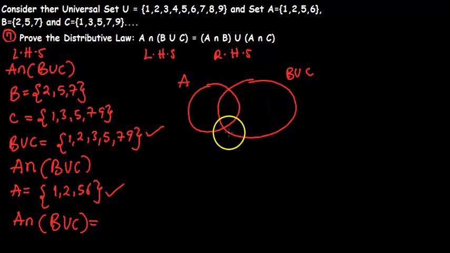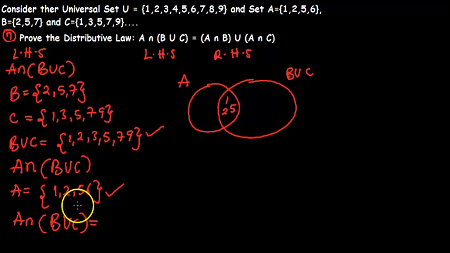In this case, since our A has 1, 2, 5, and 6, and B union C has 1, 2, 3, 5, 7, and 9, the intersection, which is in between, we are going to be left with, here we have 1, here we have 1. This is simply going to be 1. Here we have 2, here we have 2. We're going to have 2 here. Here we have 5. We're going to be left with 5, but we don't have 6 in common.